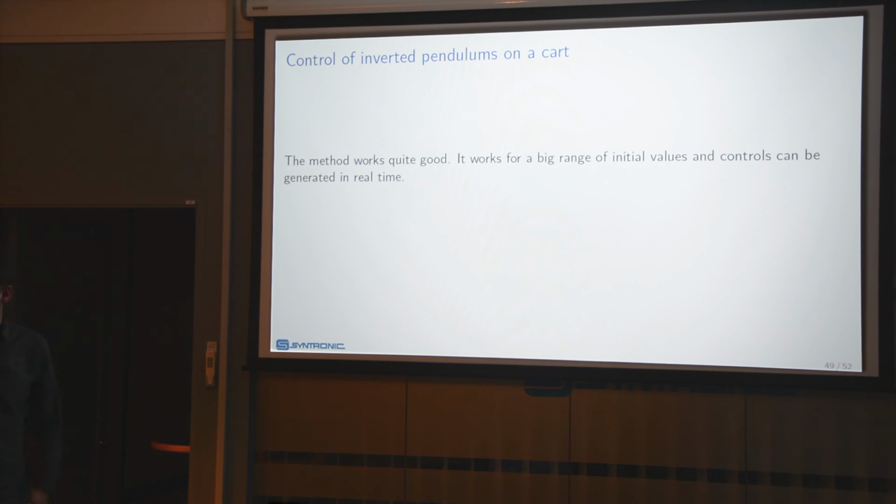So I think the conclusion is that the method works quite fine, and the main benefit is that it works for a large range of initial values, and it can be generated in real time, because nonlinear control is a difficult field, and usually you do various kinds of linearizations, and it's a horrible mess to really understand the algorithms, and it's a research field.